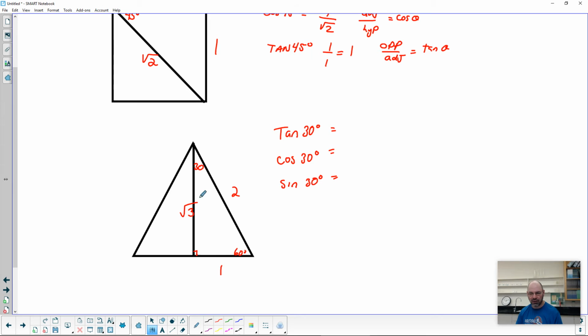So here's 30, opposite over adjacent, 1 over root 3. Cosine is adjacent over hypotenuse, root 3 over 2. Okay, and finally the last one, sine is opposite over hypotenuse, 1 over 2.